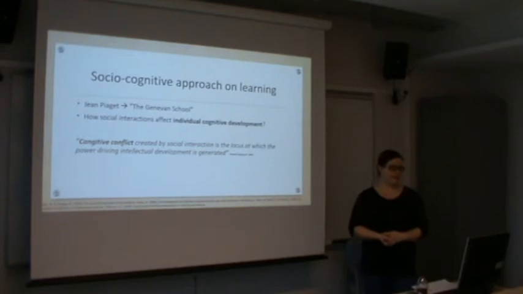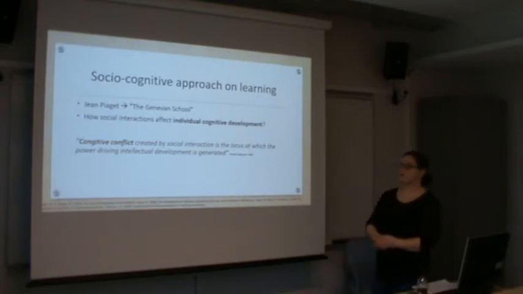And how the learning happens, one of the main concepts here is cognitive conflict and social cognitive conflict. As it is stated, the cognitive conflict created by social interaction is the locus at which the power driving intellectual development is generated.